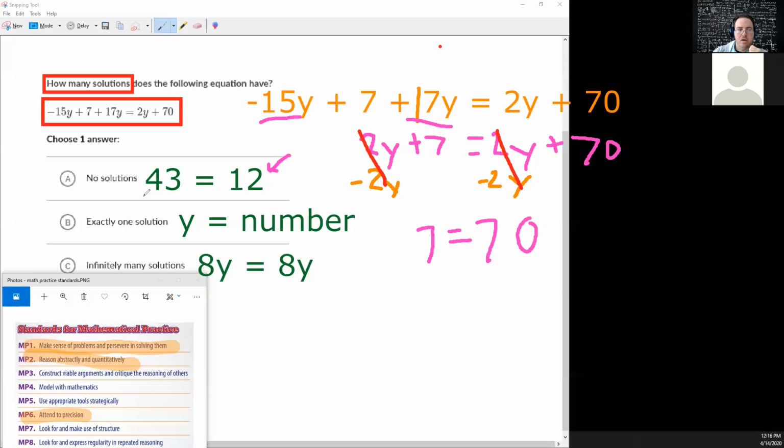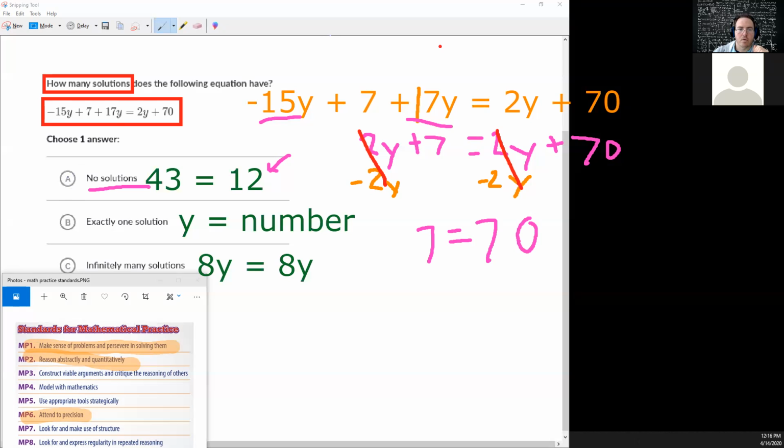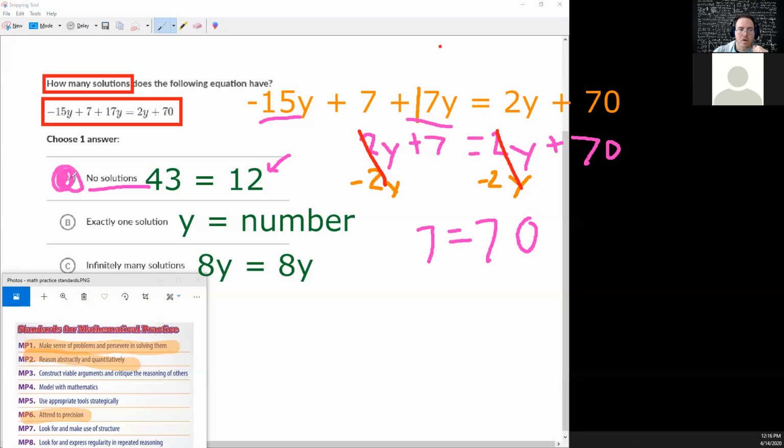Yuck. Yeah, that is a no solution situation because they will never be the same thing. So I would choose A for that one. Great question. Here we go. Now they're just rolling in. Sweet.